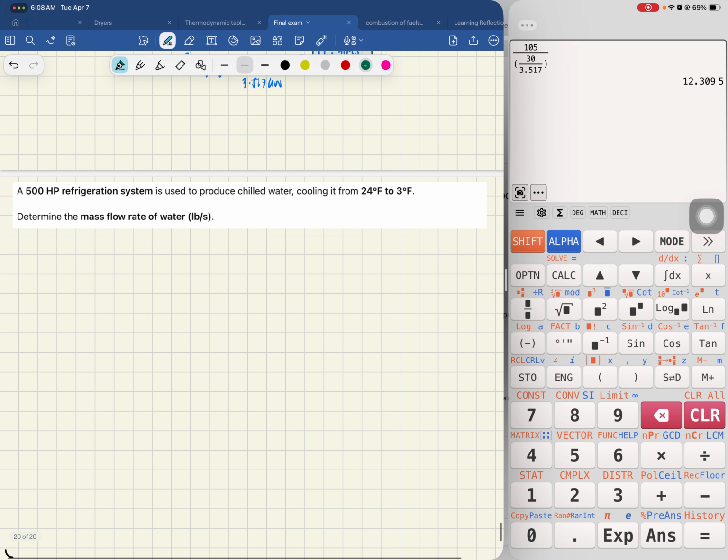This one, a 500 HP refrigeration system. If you want to use it in pounds per second, there are many ways to do it. I'm not familiar with HP to BTU.